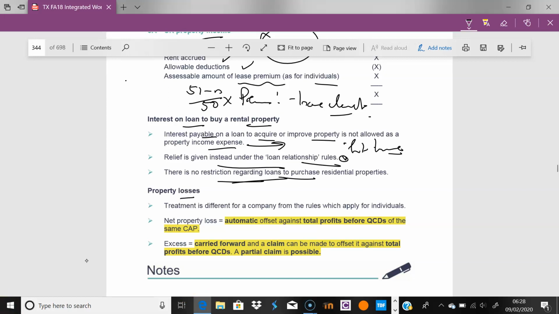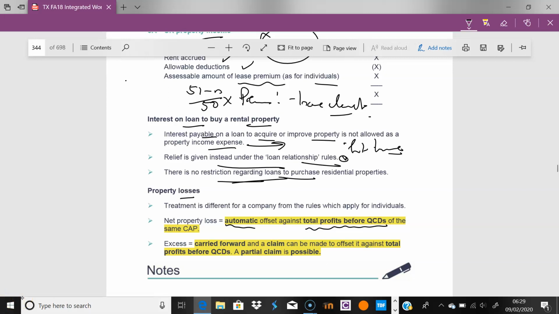Okay, great. So property losses. You might have a loss in your year, in terms of you might have made some property losses, and that's not a problem. HMRC automatically allow you to offset those losses against total profits before QCDs.